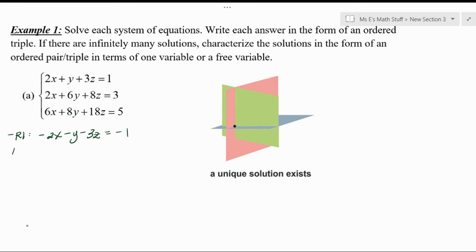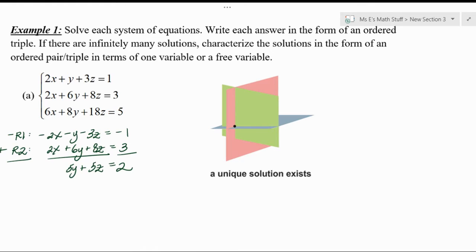Then I'm going to add it to row 2, which is copied as is. There we go, and then let's add them up. We end up with 0 x's, which was the plan, and then 5y plus 5z, and that's set equal to 2.